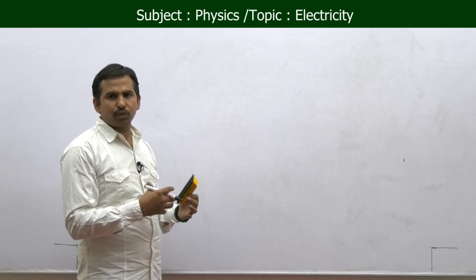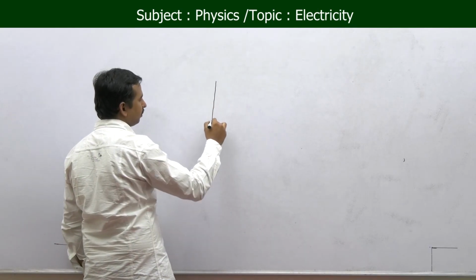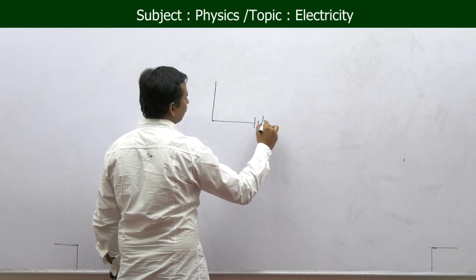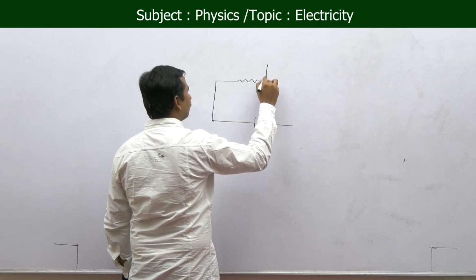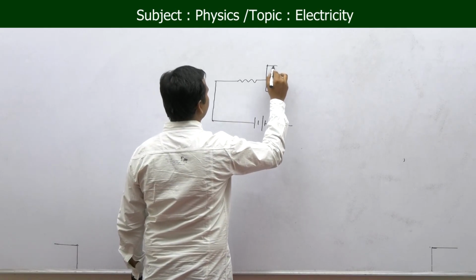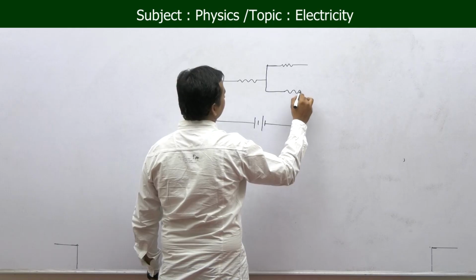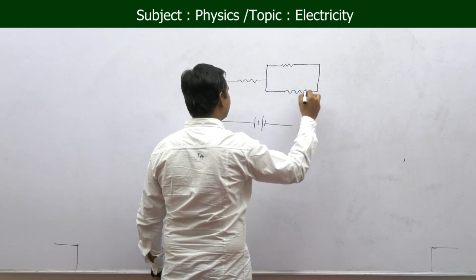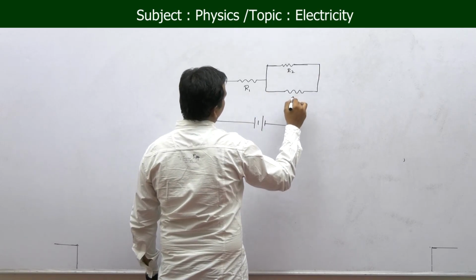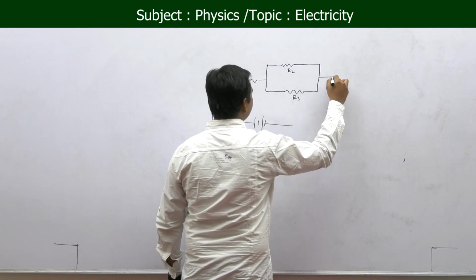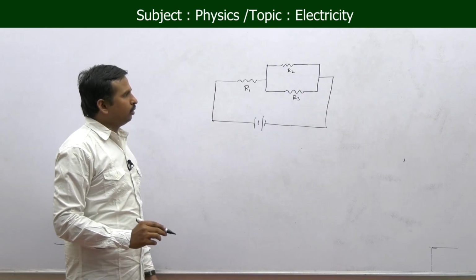We are taking a series connection as well as a parallel connection, for example like this: a resistance which is in series with two more resistances. Let this be R1, R2, R3, connected to the battery.